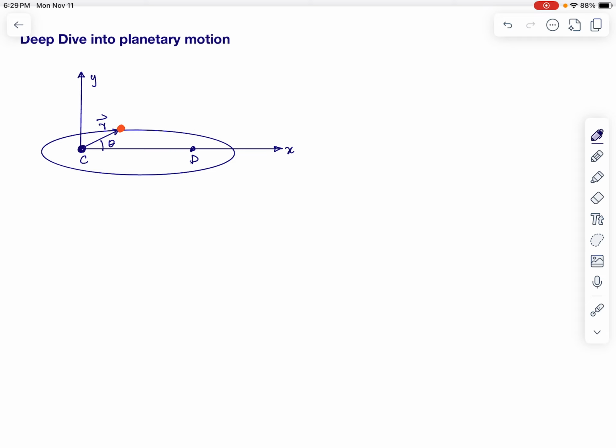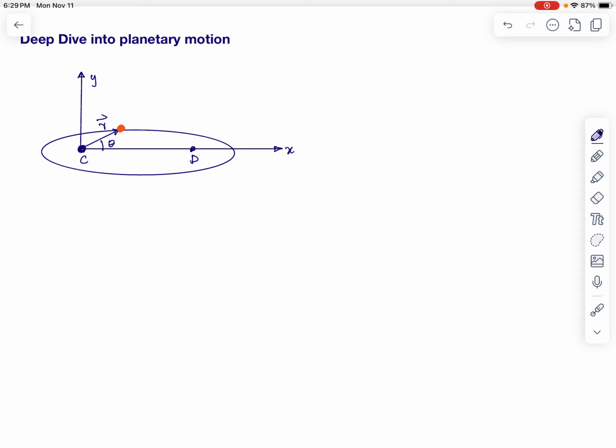What we will first do is find the equations of motion that are relevant to this problem. Then we will use some ideas from the conservation of energy to actually compute the orbit of the planet. Let's think about that.